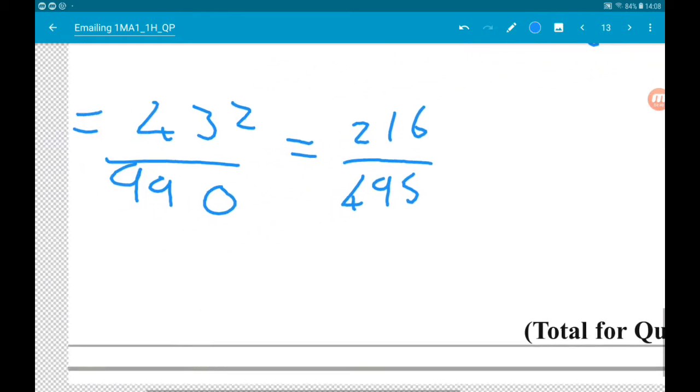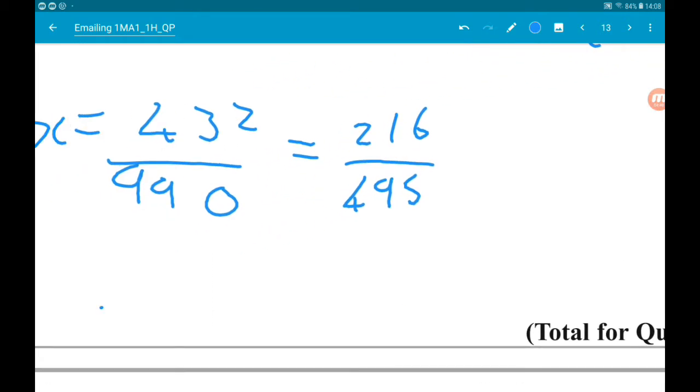So if we do 216 divided by 3, 3 doesn't go into 2, but it does go into 21 7 times, and into 6 twice.